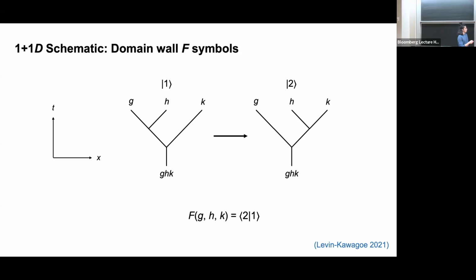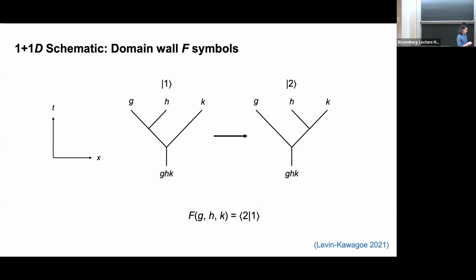The first state is obtained by first splitting the original domain wall into a GH domain wall and a K domain wall, and then splitting the GH domain wall into a G and an H domain wall. The second state is obtained by first splitting G off from HK and then splitting HK into H and K.